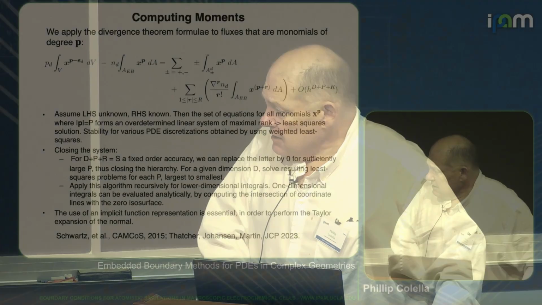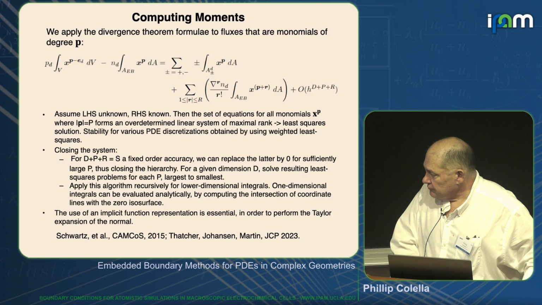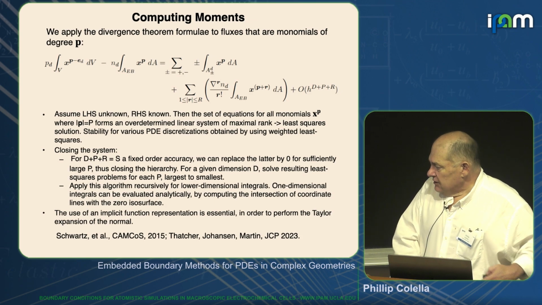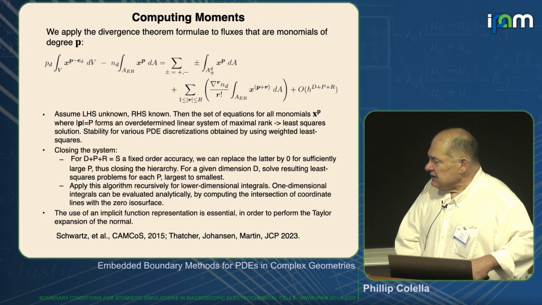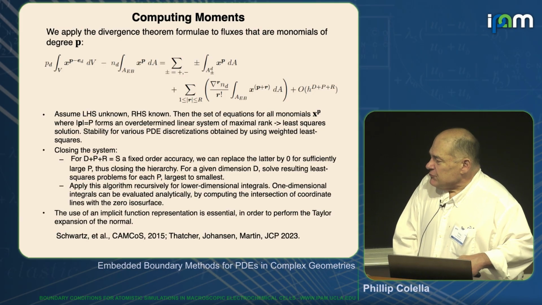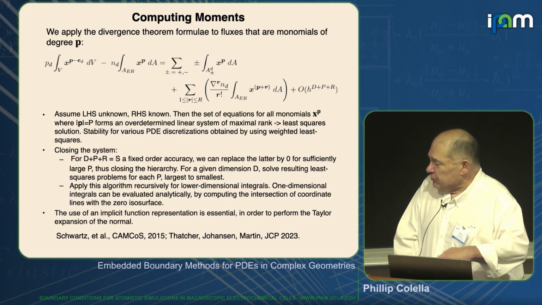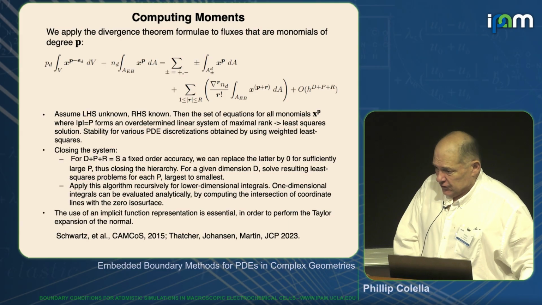The one dimension case is really easy because that's just computing moments on a line that intersects your 0 level set. So this really exploits in multiple ways the implicit function representation.